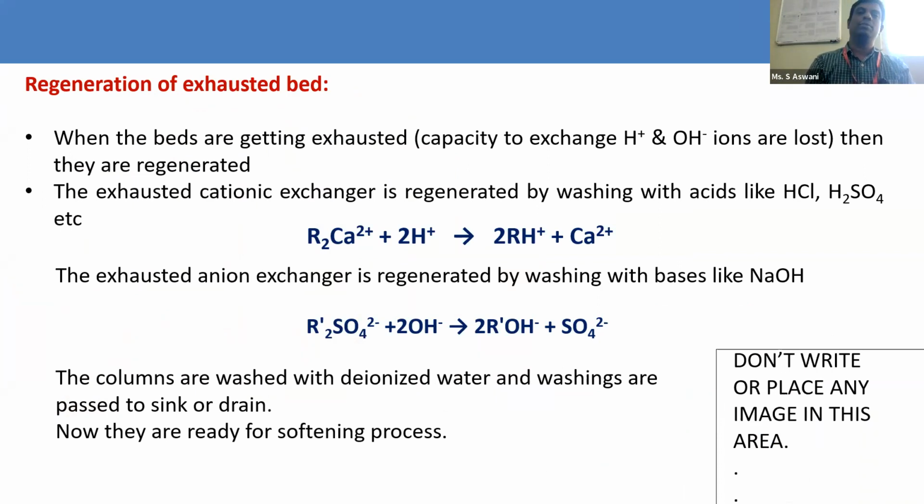With the basic solutions, we remove the sulfates and chlorides, this type of anions, from the anion exchange resin. This is the regeneration of the exhausted bed. That is the advantage of reusing this type of resin in the columns.